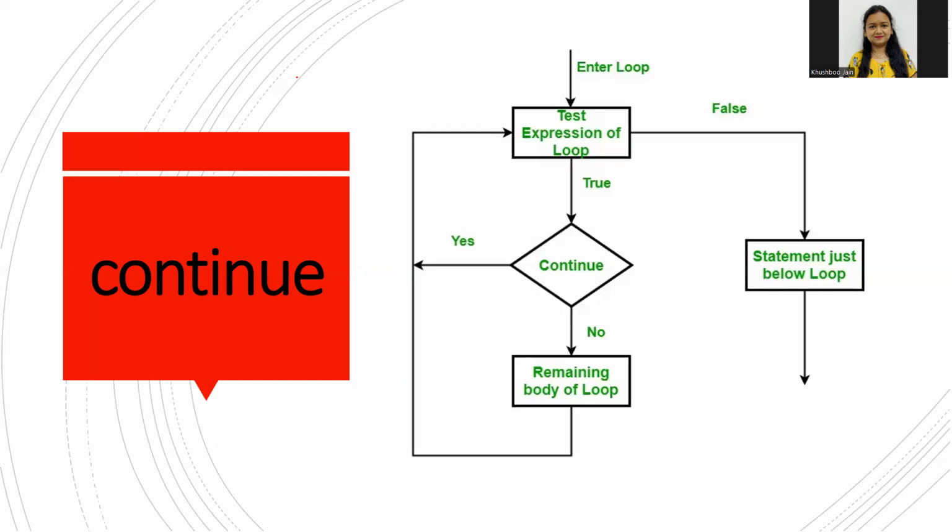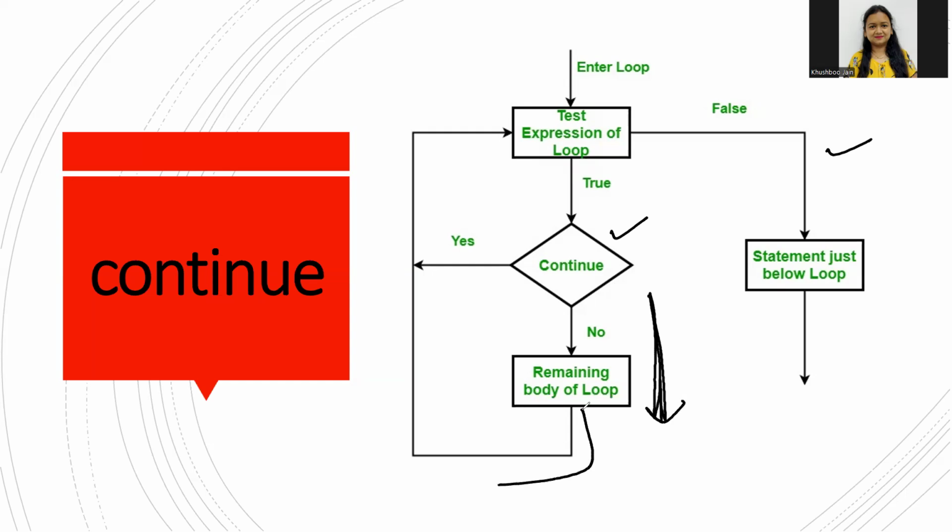Now, continue statement. This is the flowchart of continue statements. Continue statement skips some of the instructions of the loop, which means whenever it encounters the condition for continue, it will not execute the statements after that continue statement.